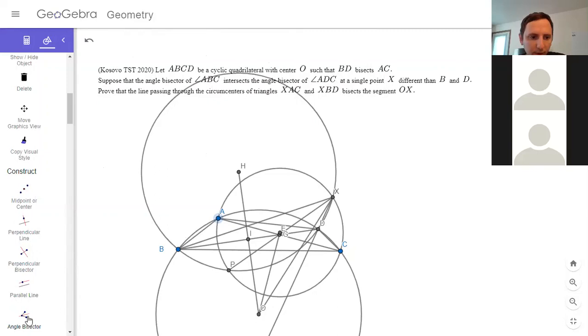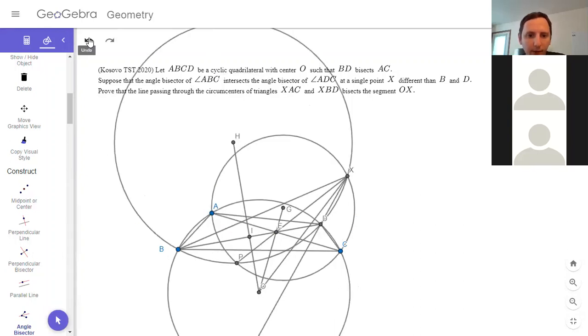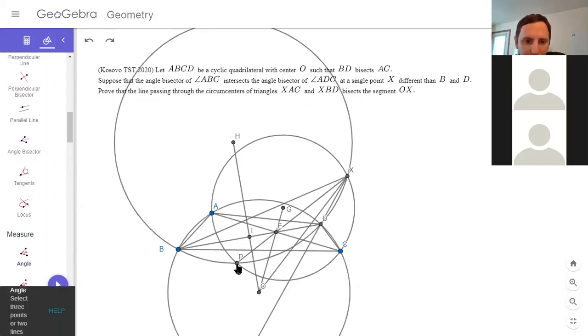I'm not sure that's true. No, OI is not necessarily the bisector of POE. Let me double check that. I don't think it is though. No.